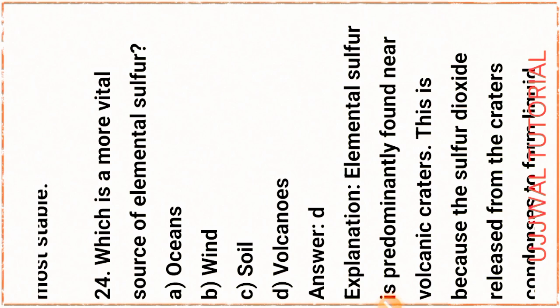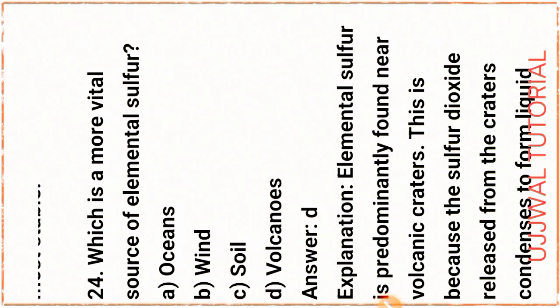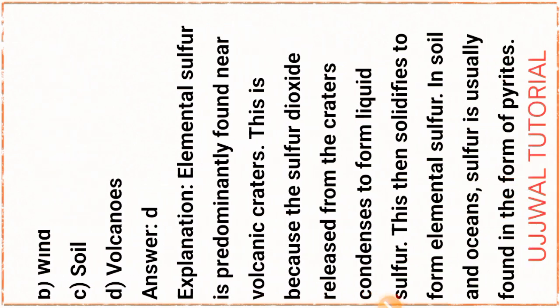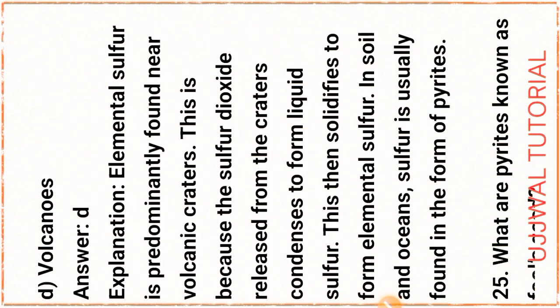Elemental sulfur is predominantly found near volcanic craters, because sulfur dioxide released from the crater condenses to form liquid sulfur, which then solidifies to elemental sulfur.